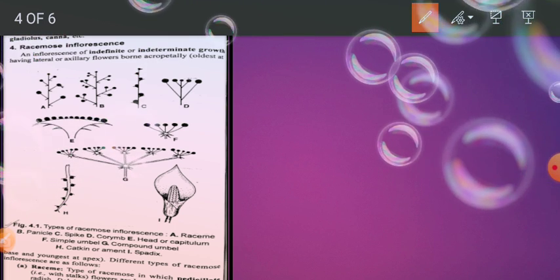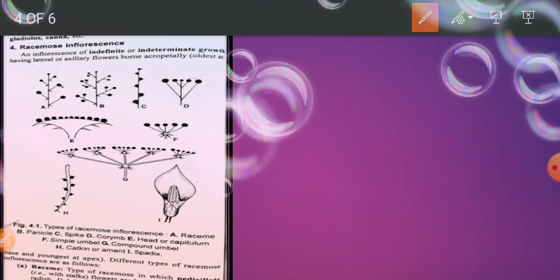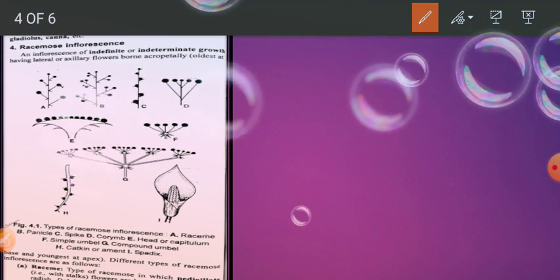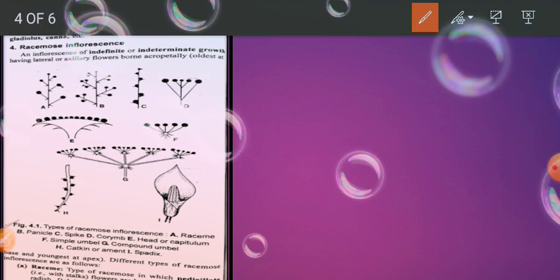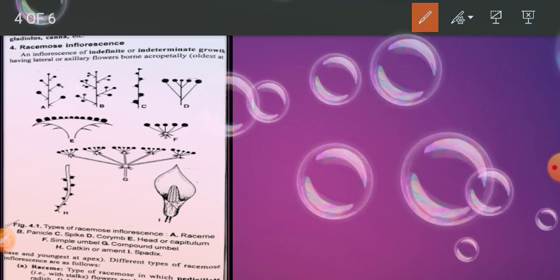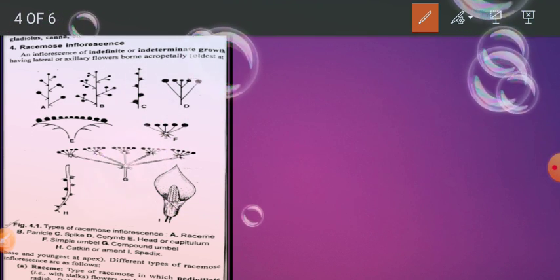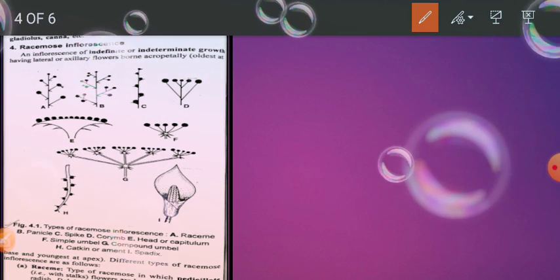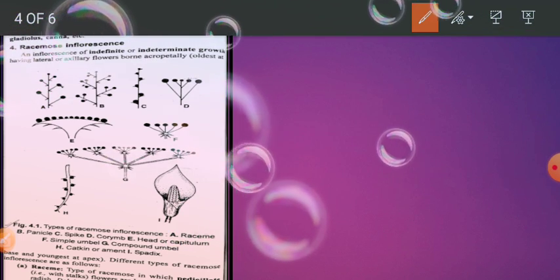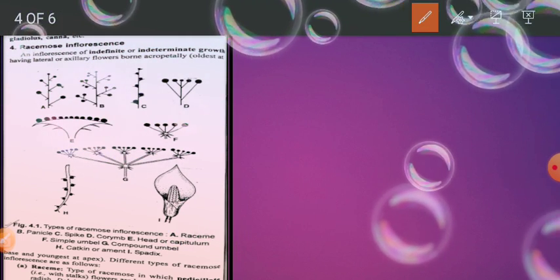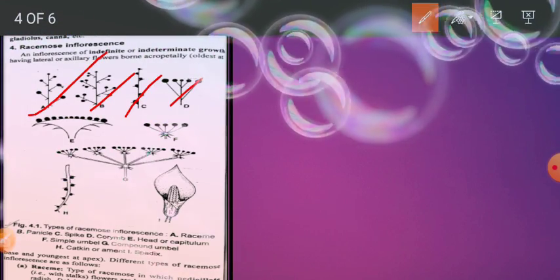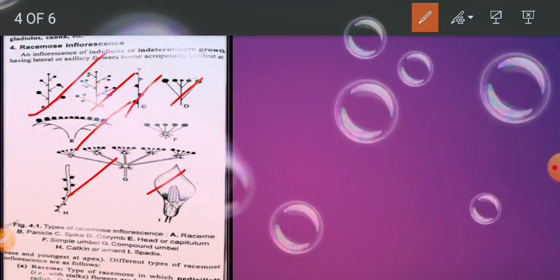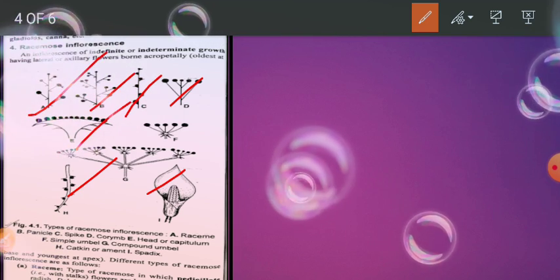Here you can see some racemose types of inflorescence: raceme, panicle, spike, corymb, head or capitulum, simple umbel, compound umbel, catkin or ament, and the spadix.